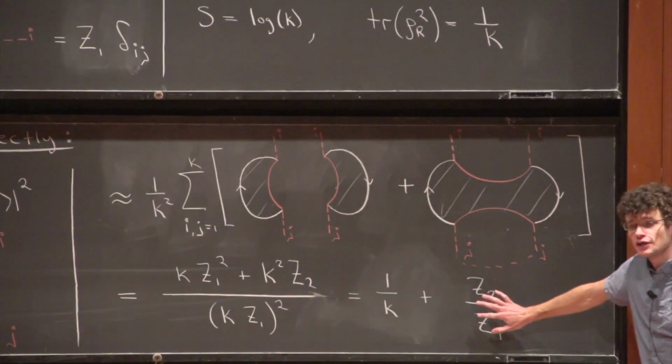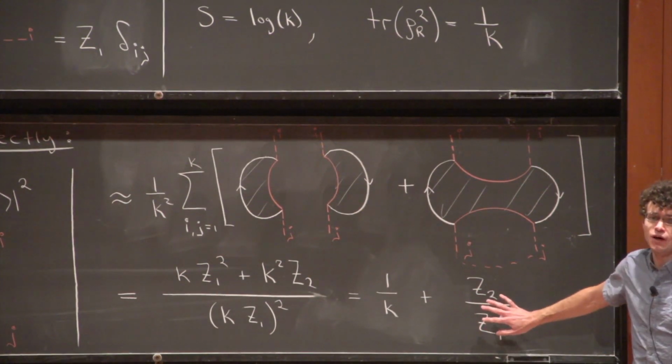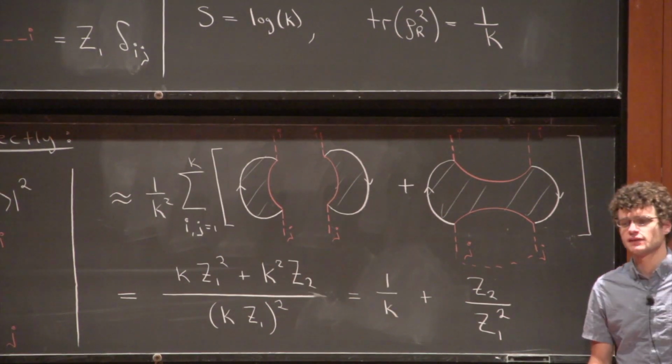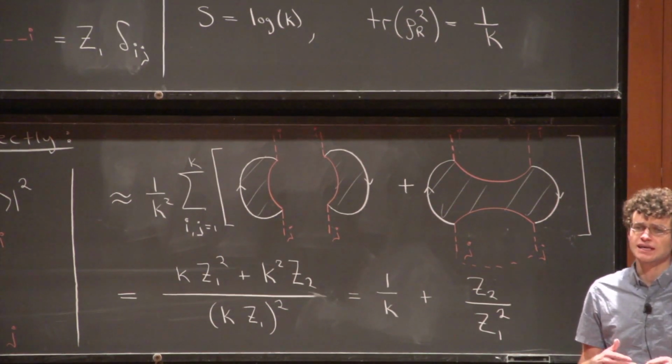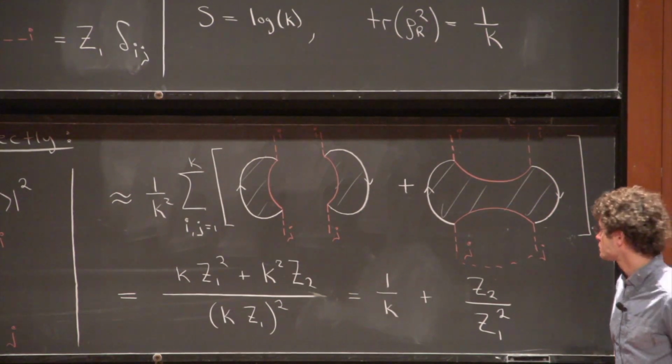To try to understand this term, let's, for the moment, think about JT gravity in the crudest possible approximation, where we keep only the topological term in the action. So then JT gravity path integrals are proportional to e to the s naught times the Euler characteristic of the space.